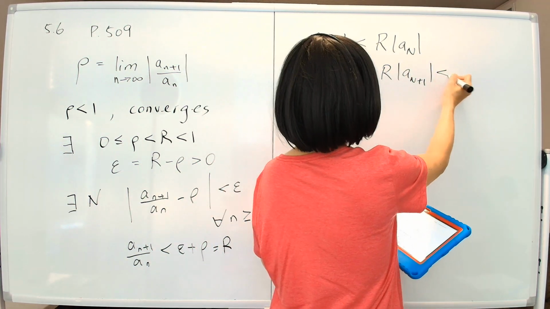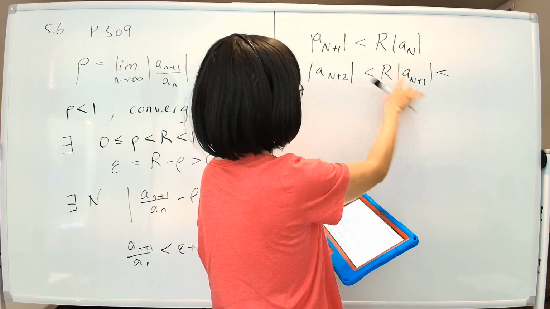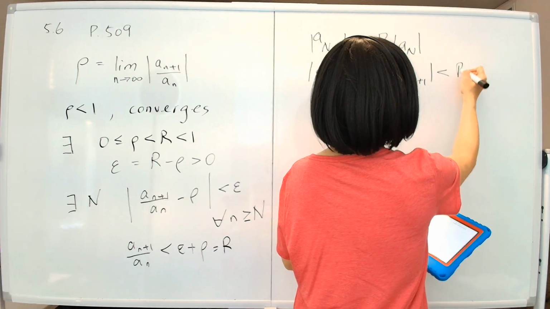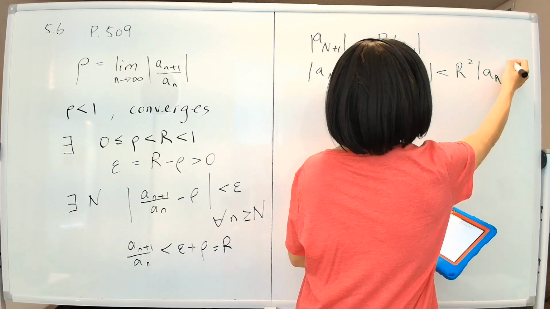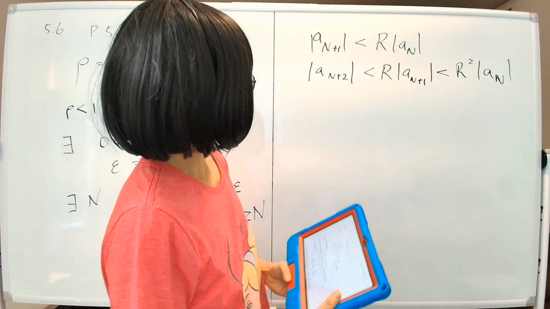That is less than, plug a_(N+1) in here, so we have R squared a_N. All right, so now we see that.